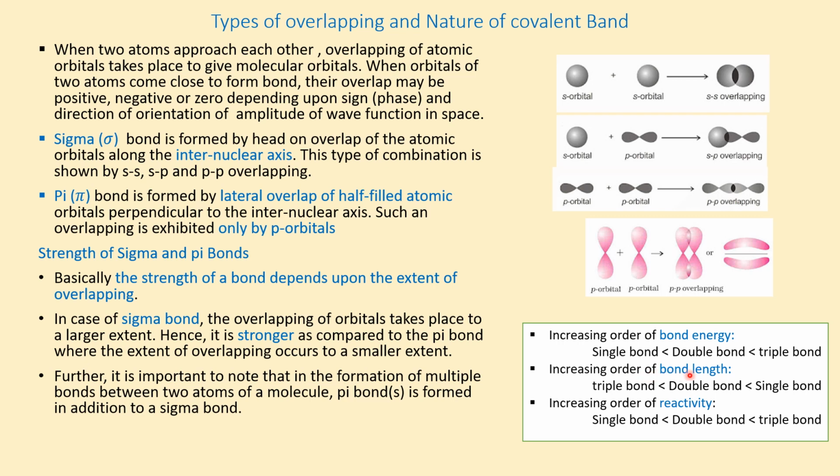For bond length, single bond is larger than double bond, which is larger than triple bond. So, triple bond is the smallest and single bond is the longest. In the case of reactivity, single bond is less than double bond, which is less than triple bond. So, reactivity is more in triple bond.